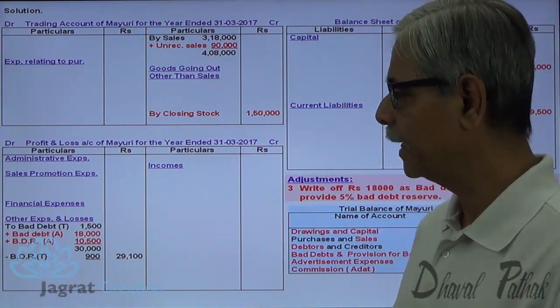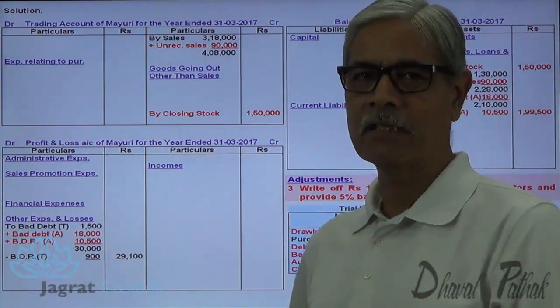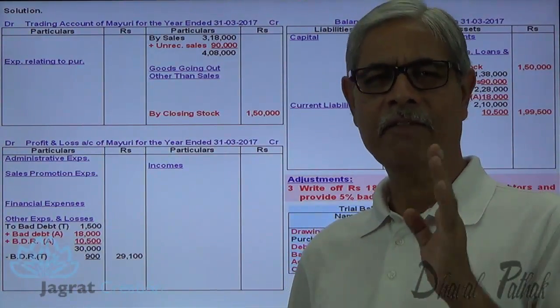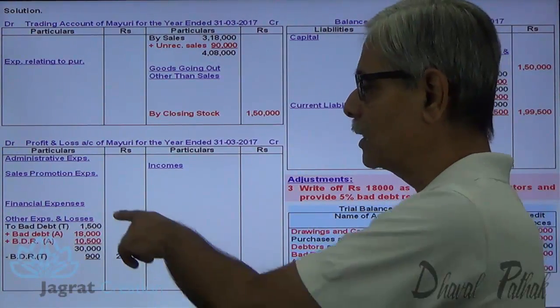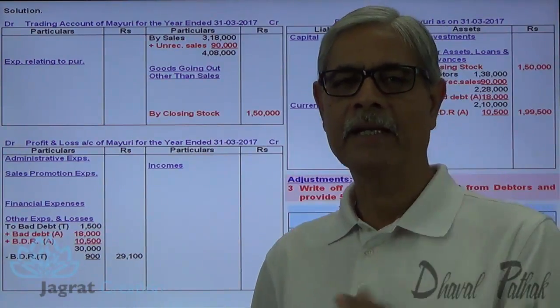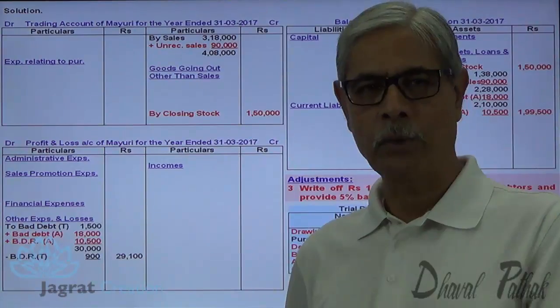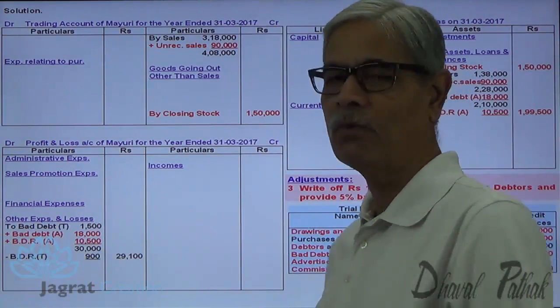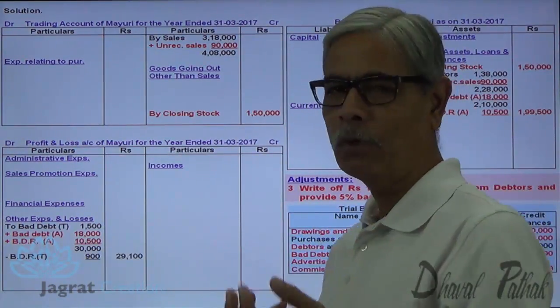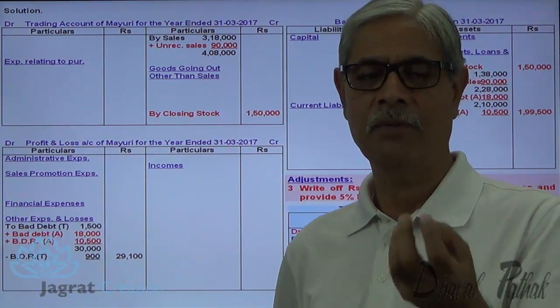Another way to explain: the provision for bad debt reserve that existed, 900, is quite short as compared to the losses sustained during the year and at the end of the year. So 1,500 is a loss of bad debts occurred during the year. That loss is more than the provision existed. So 900 is the provision existed against that loss of 1,500.